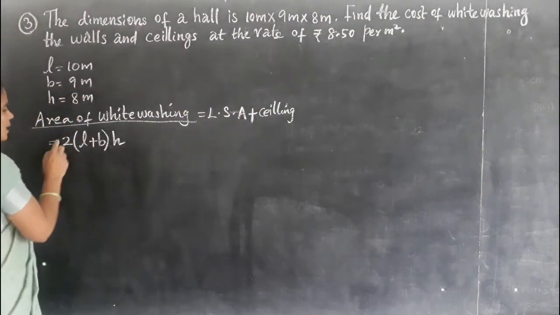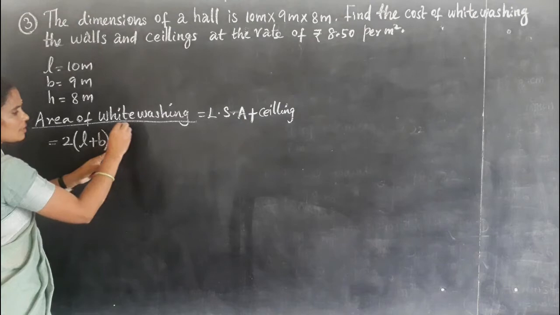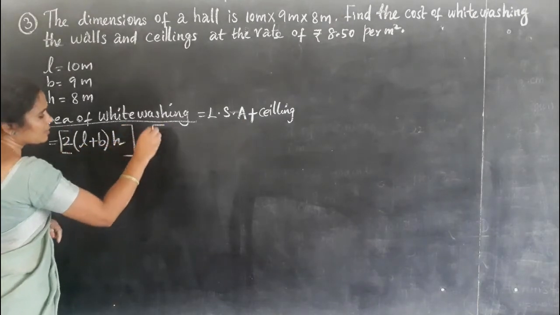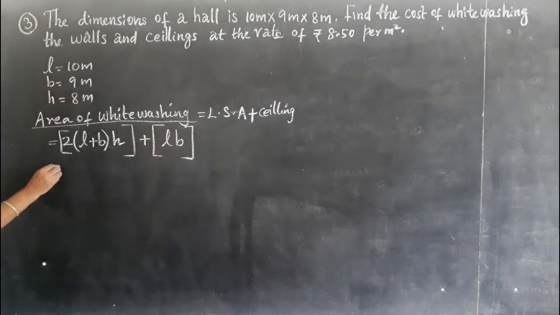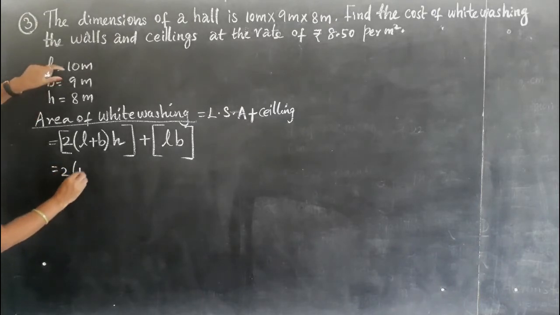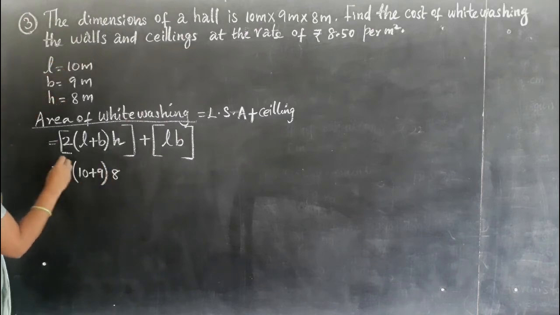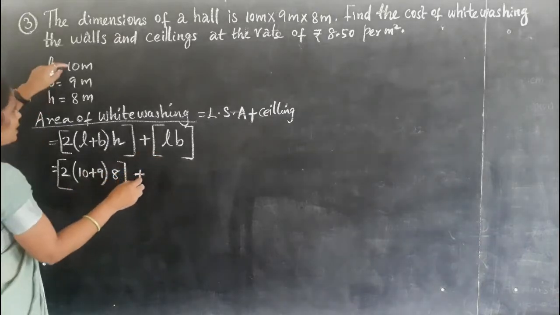So LSA is 2 (length plus breadth) into H, plus ceiling, length into breadth. Okay, now 2 within bracket length plus breadth. So 10 plus 9 into H is equal to 8, plus length into breadth, that is 10 into 9.